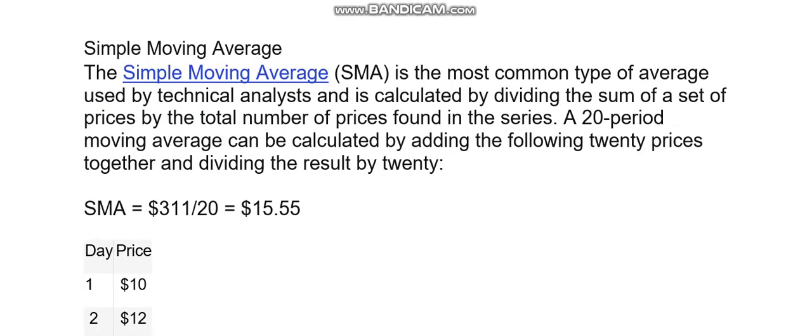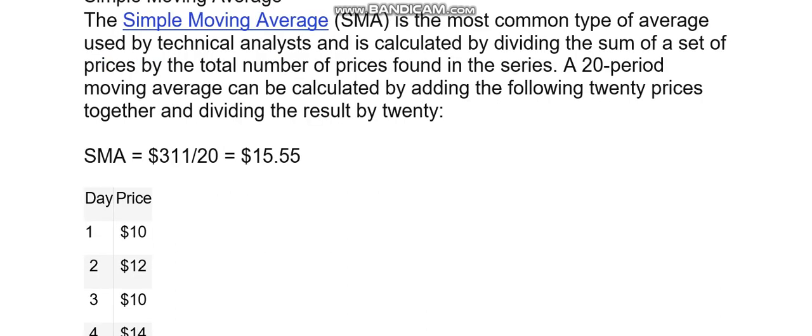Simple moving average. The simple moving average (SMA) is the most common type of average used by technical analysts and is calculated by dividing the sum of a set of prices by the total number of prices found in the series. A 20-period moving average can be calculated by adding the following 20 prices together and dividing the result by 20.